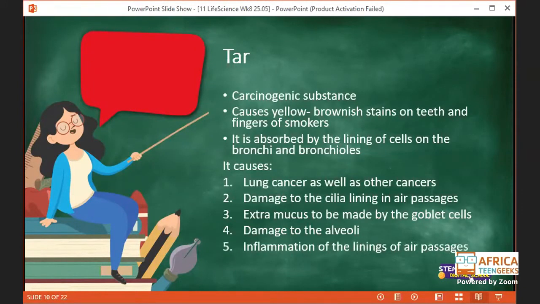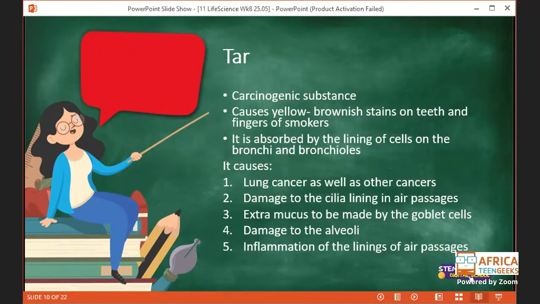And then tar also causes inflammation of the linings of air passages. And guys, another disease that is caused by inflammation of linings of air passages, what is that? We dealt with it on Friday.